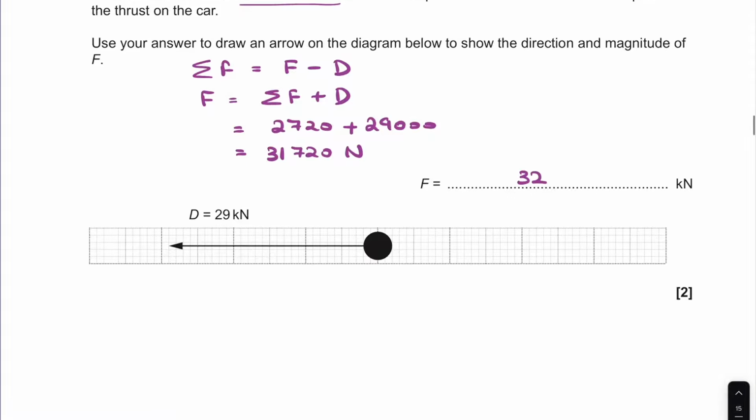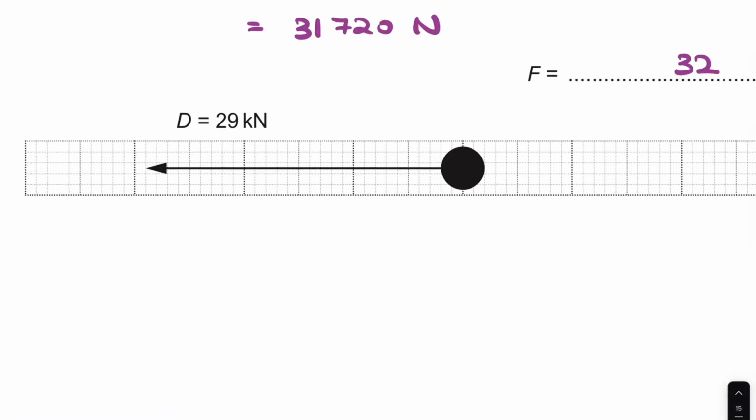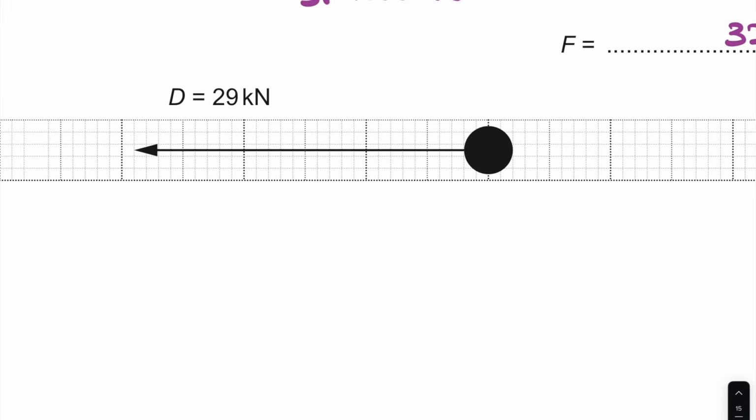So I'm going to work this out. I have to see how many divisions there are. So roughly from the point of start, here to here, there are 26 divisions approximately. 26 divisions are 29 kilonewtons of force.